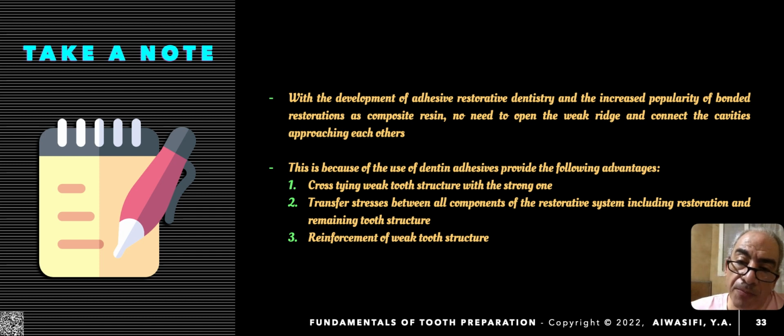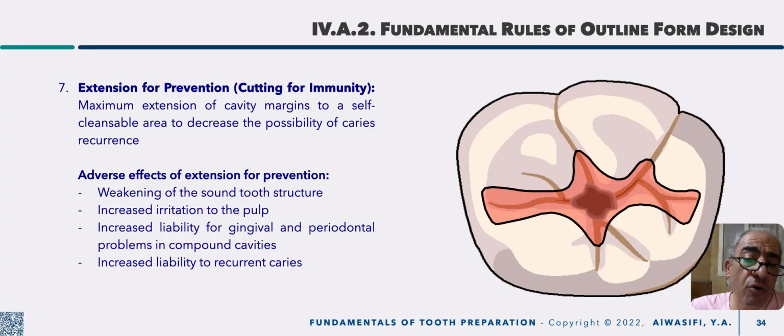The final one of the rules of fundamentals of outline form is extension for prevention, or cutting for immunity. What is extension for prevention or cutting for immunity? It was described by G.V. Black, and as we mentioned before, it was 130 years ago, in 1891.